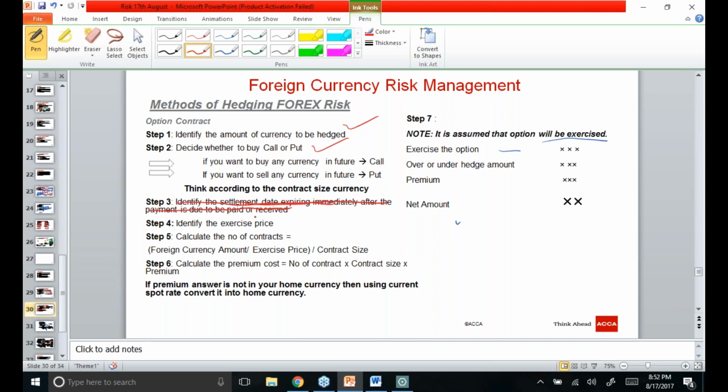It can be 2 months, 2.5 months, 2.75 months. There will be only one exercise price.